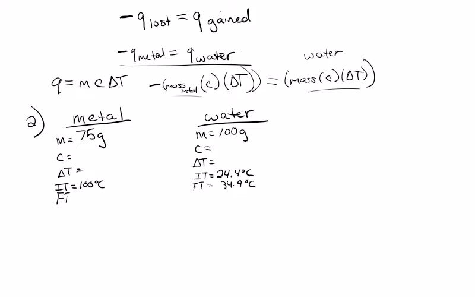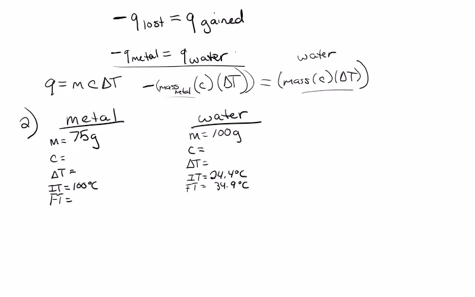And keep in mind, because we add the metal to the water and we let it sit, whatever the final temperature of the water is, is the same as the final temperature of the metal. So if it only gave you, oh, the final temperature of the water is 34.9, well, the metal's in there, and so that also has to be the same as the temperature of the metal. So my final temperature is 34.9 degrees Celsius.